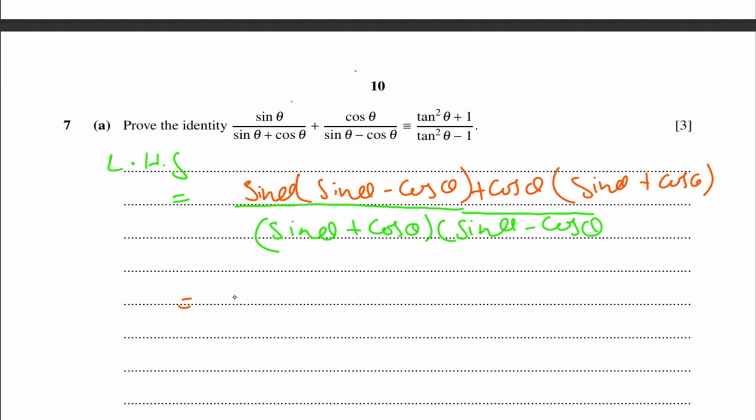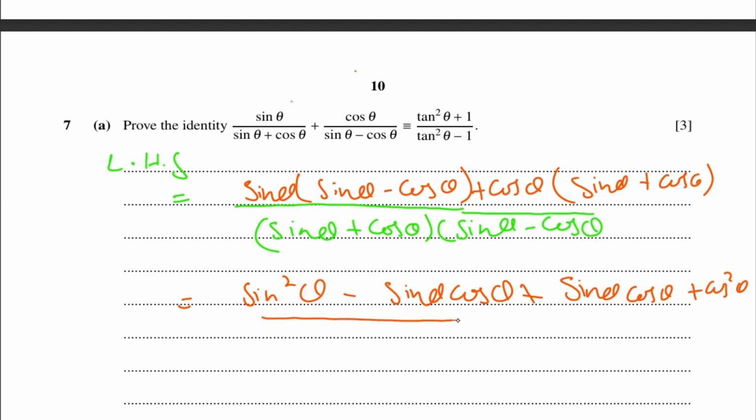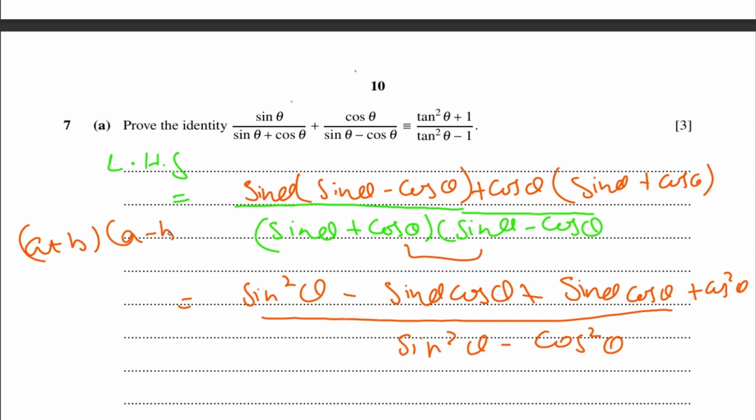Now multiplying inside, we will have sine squared theta minus sine theta cos theta plus sine theta cos theta plus cos square theta, and over we will have sine square theta minus cos square theta, because here the third algebraic identity will be used. (a plus b)(a minus b) is always equal to a square minus b square.